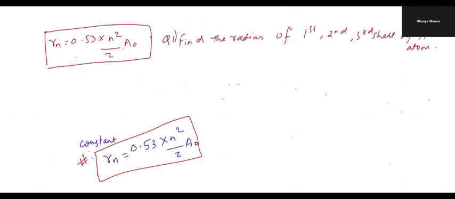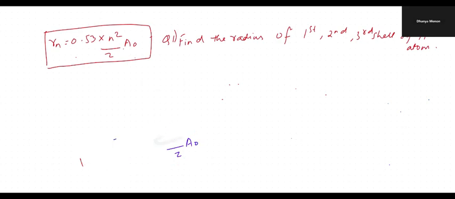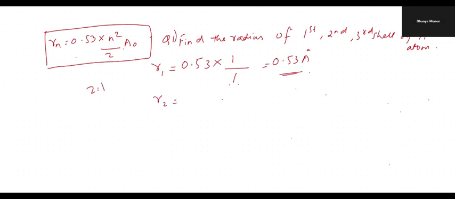Okay, so you know the formula, you know which atom it is. So for hydrogen, the first shell R1 is equal to 0.53 times. The first shell n value is 1. Atomic number Z for hydrogen is also 1. So 0.53 Armstrong. Second shell, 0.53 times n value here is 2. So 2 times 2 is 4 by 1.